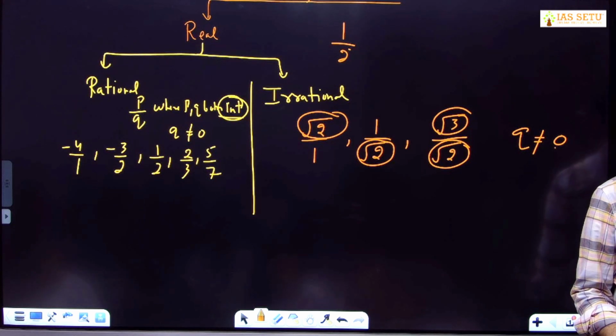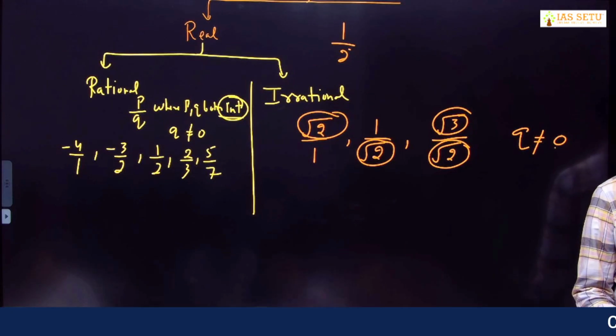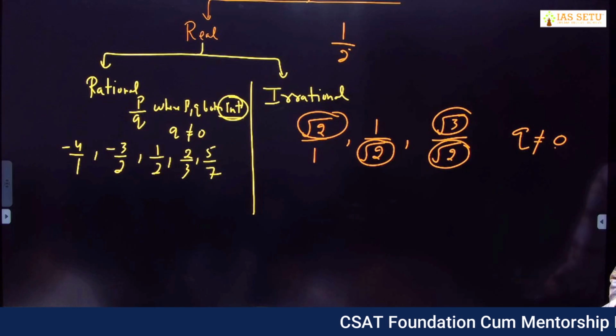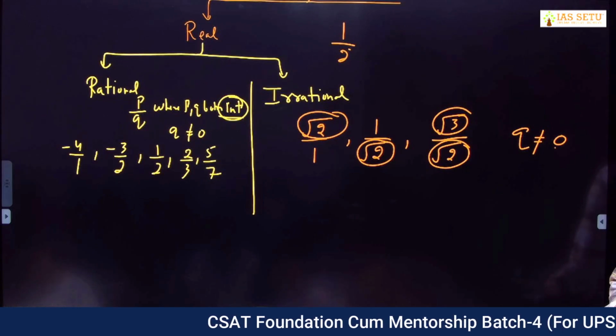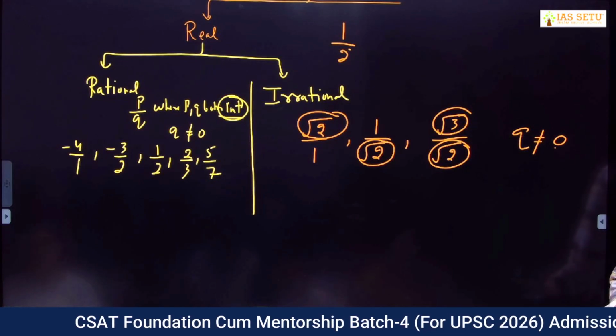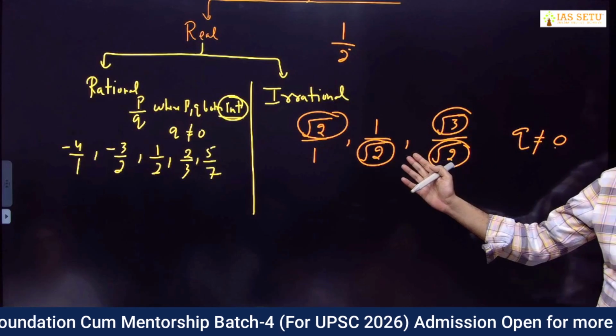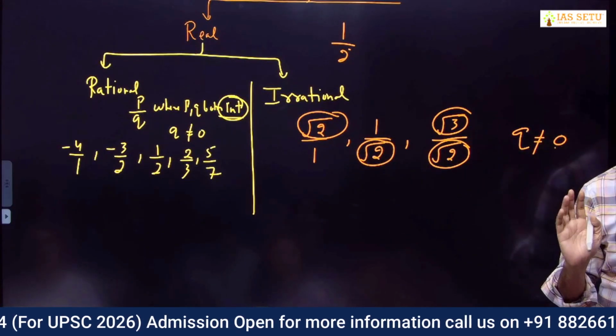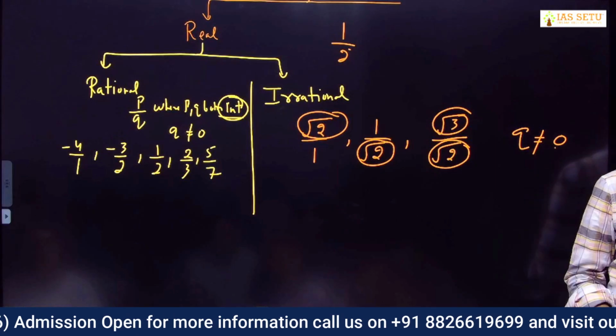Full stop. Denominator cannot be zero, this is also a condition. Or if I have to give a crisp definition, we can say at least one of numerator or denominator is non-integer and denominator cannot be zero.